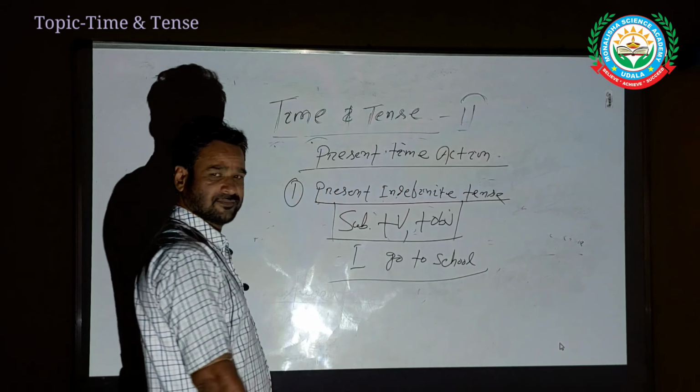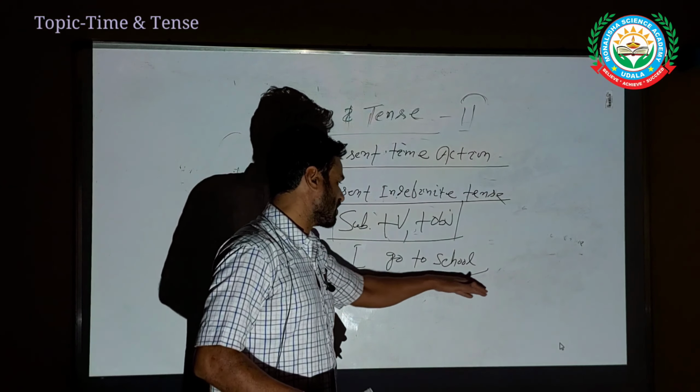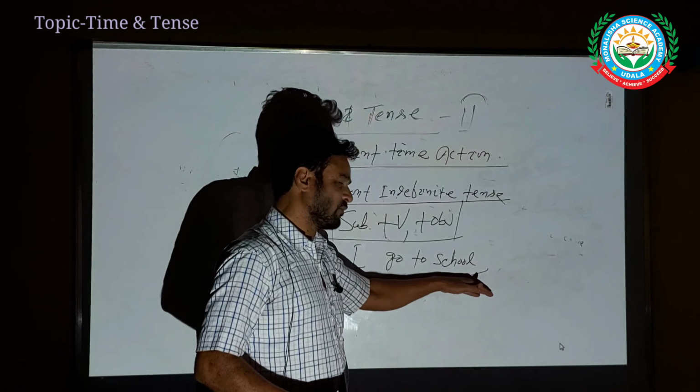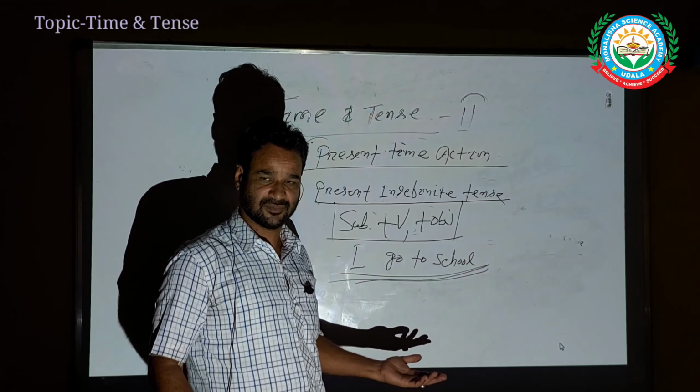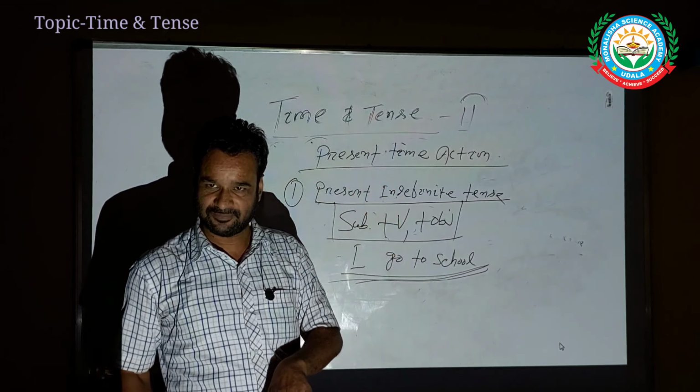This is the sentence, and this action, going to school, is an action done by the subject I. So I is the person who goes to school. This action belongs to present time action. This action happens at the present time, not in the past time and not in the future time, right?